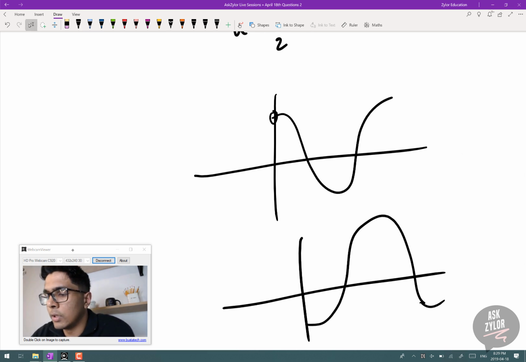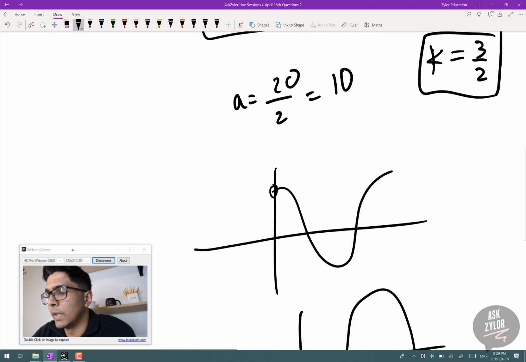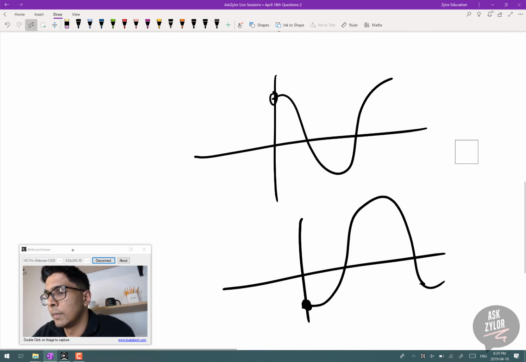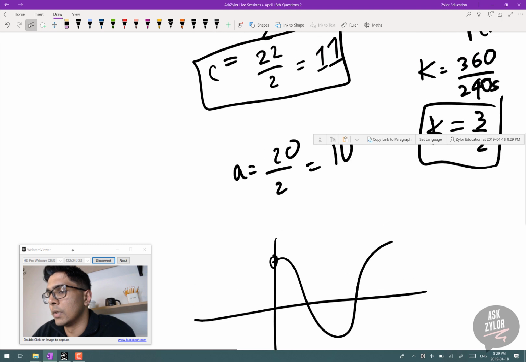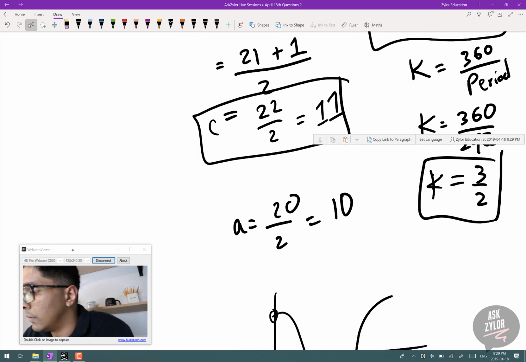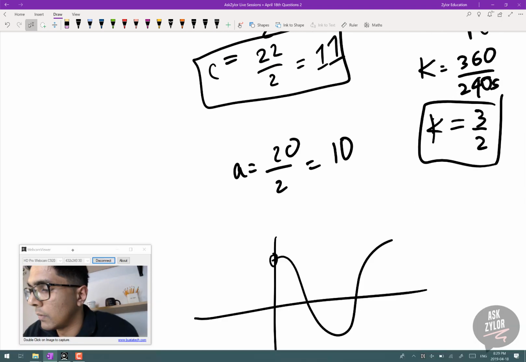If it starts all the way at the bottom, that means my cos should be reflected on the x-axis, right? So that means my a value could be negative. It's going to be negative 10.